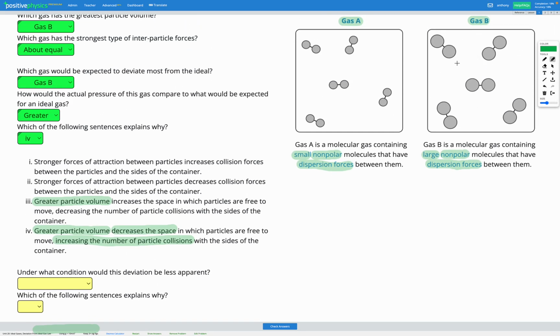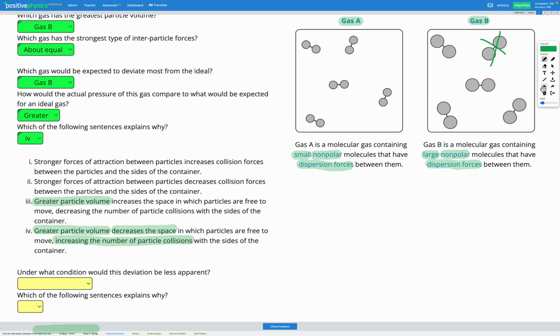For gas B, we can obviously see that our particles are taking up a significant volume of the entire container. Now imagine we decrease the pressure and we got rid of some of these particles, because decreasing the pressure spreads them out more. Now we only have 3 particles in here instead of 5. That's actually increased the volume of the container relative to the volume of our particles.